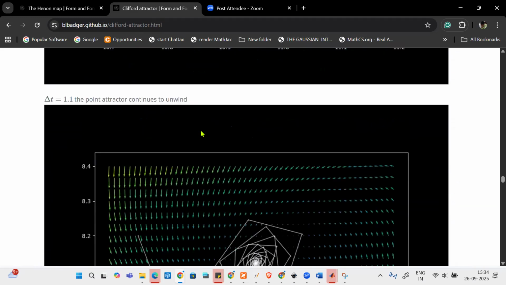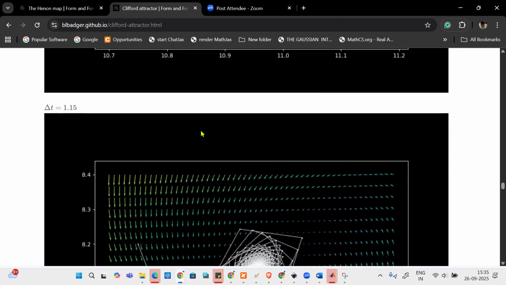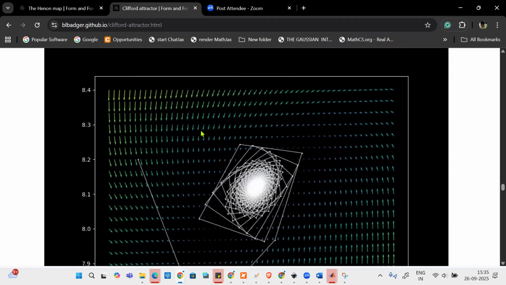So you can carry on with this, and maybe next class we can do something. Next class maybe we can carry forward with some properties of the Henon map.